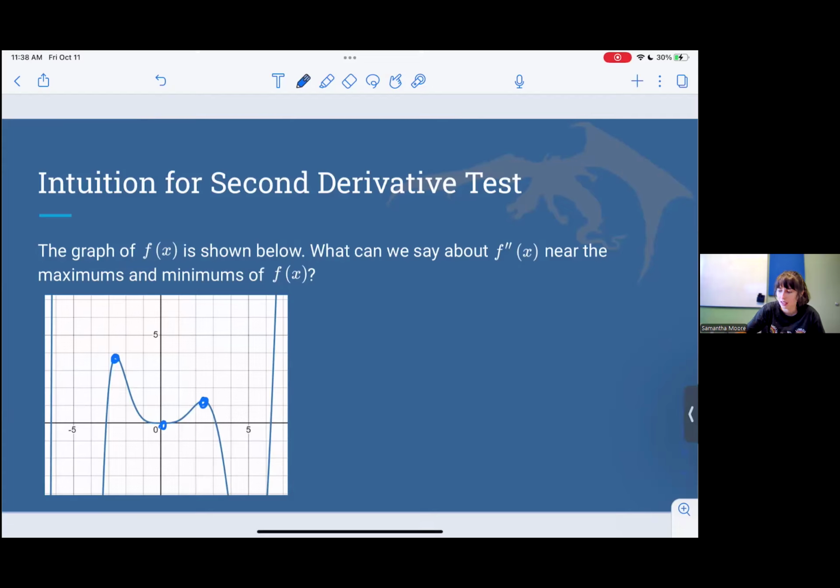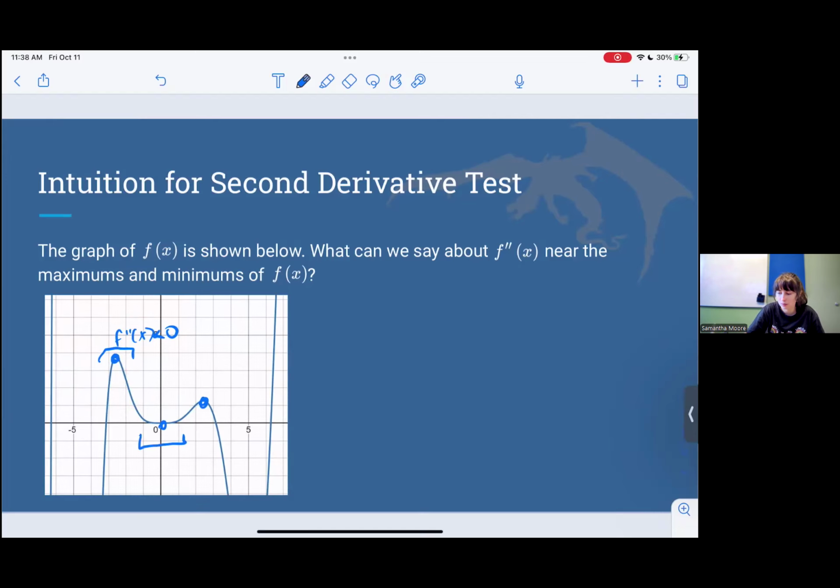So let's see. At this maximum, we see that f of x is concave down like a frown. If you remember, that means in this region, f double prime of x is going to be negative.